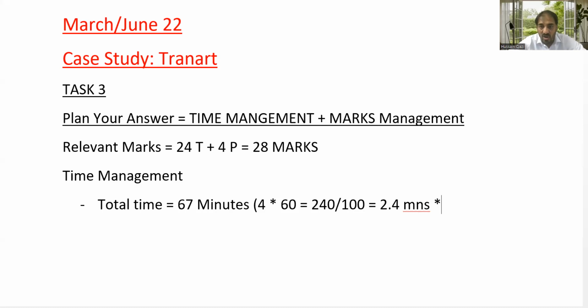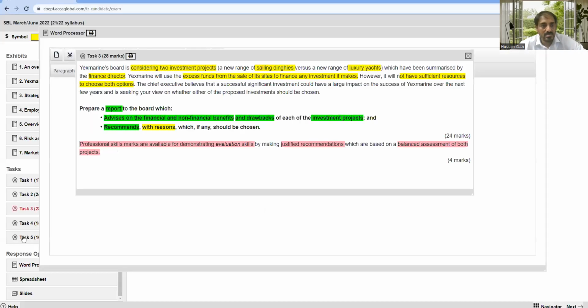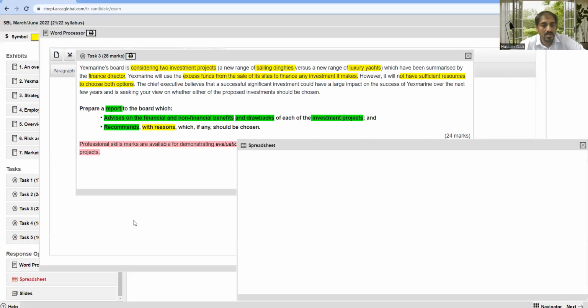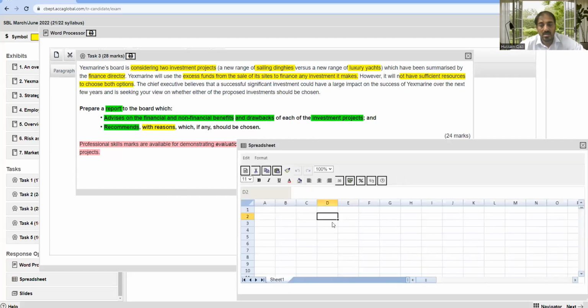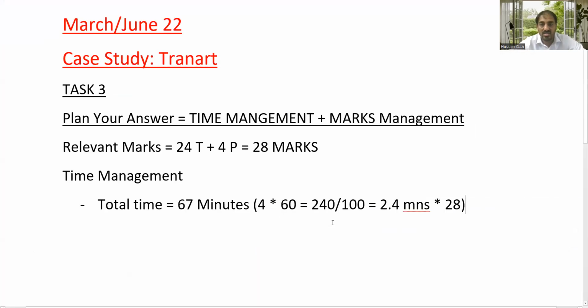And if you apply it for 28, it is 2.4 multiplied by 28, that's 67. Yes, 67 minutes.